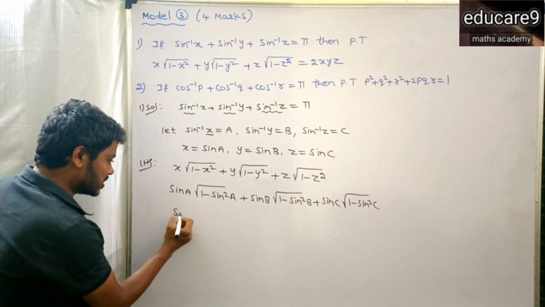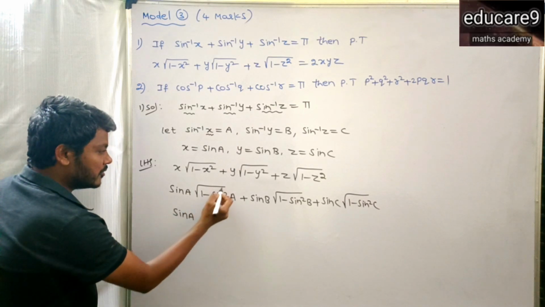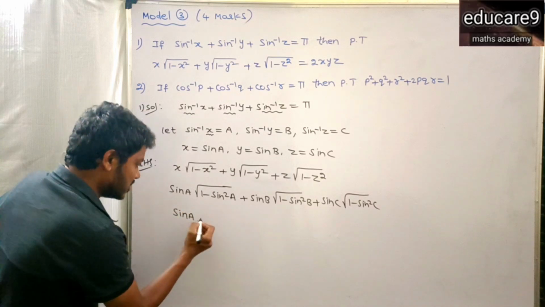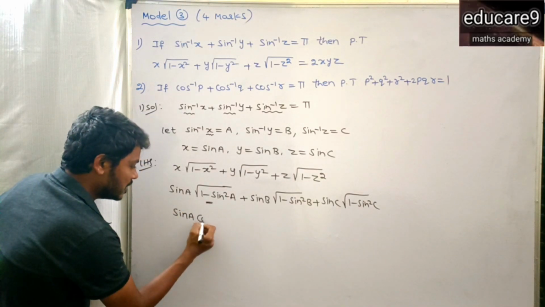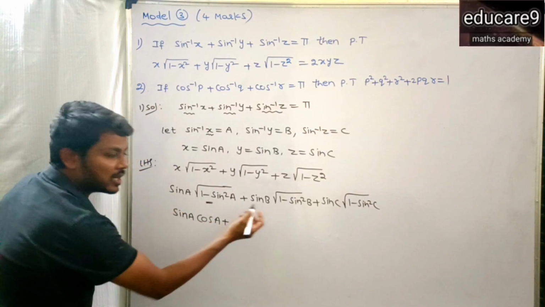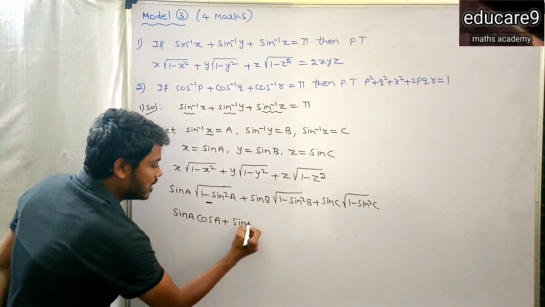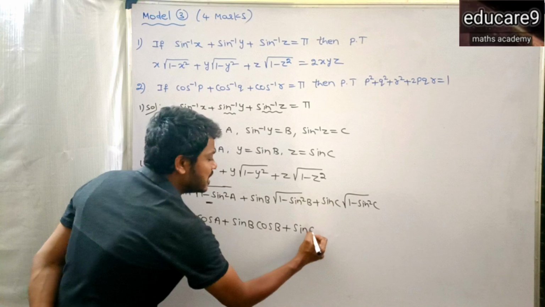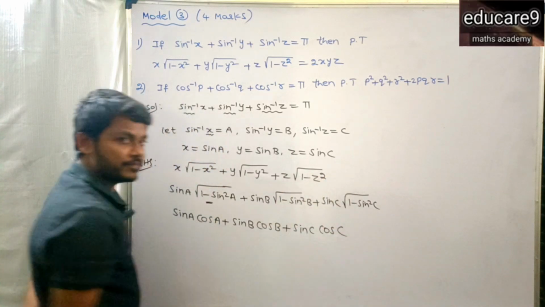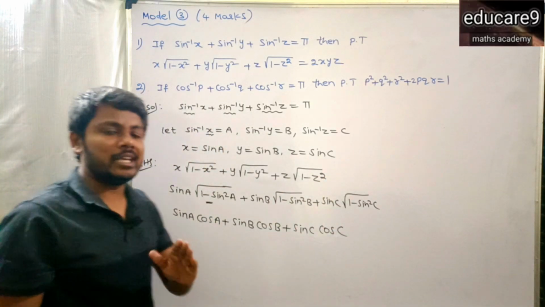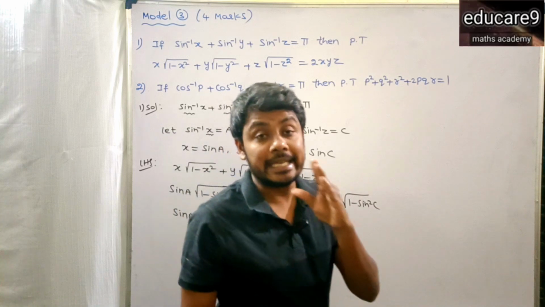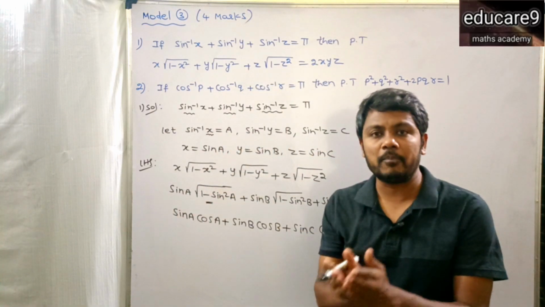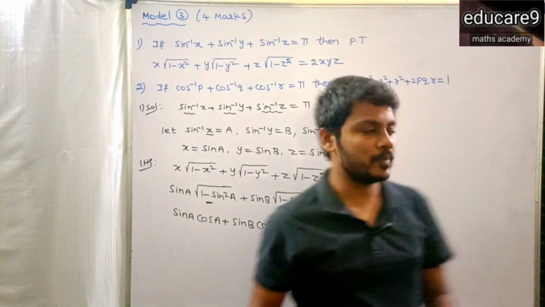So clearly which is sin A. We know that under root 1 minus sin square A is cos A. So that is the formula only, sin A cos A. Similarly sin B cos B and similarly sin C cos C. Here we know that the sin 2 theta formula is 2 sin theta cos theta, but there is no 2 here, so you should multiply and divide with the number 2.